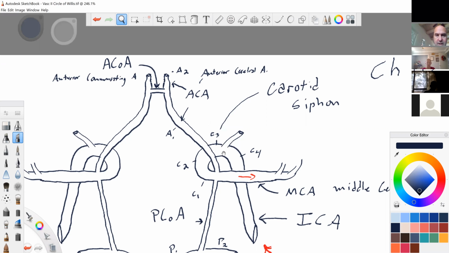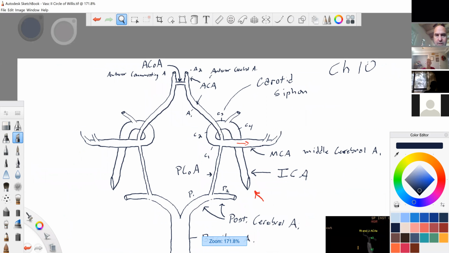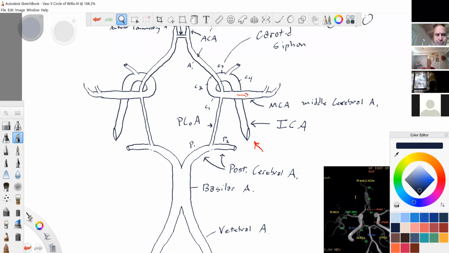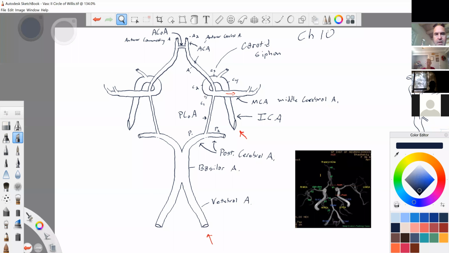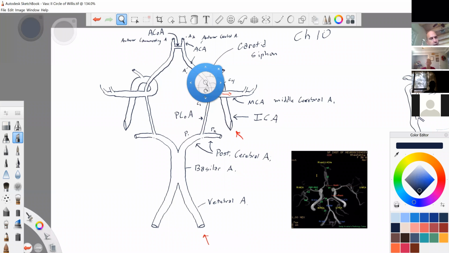And then posterior communicating artery. I won't write that one in. I don't have the room for it. So you guys will need to know.